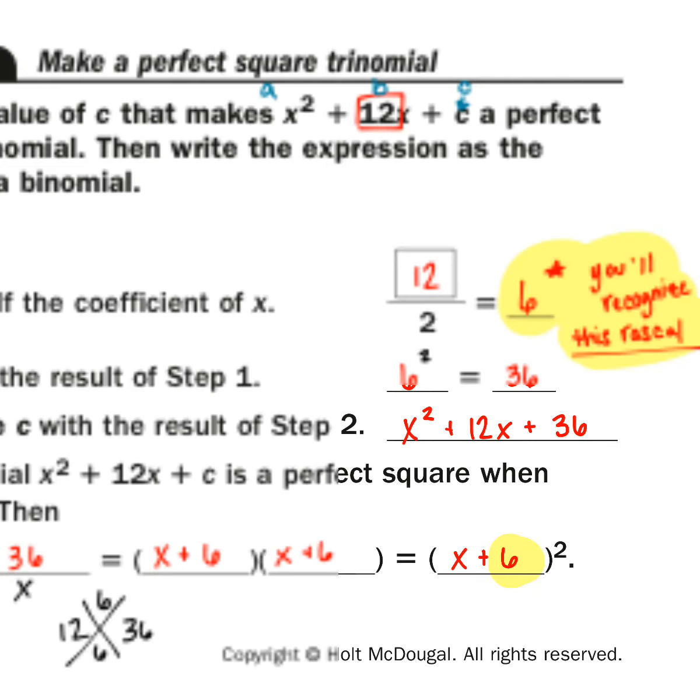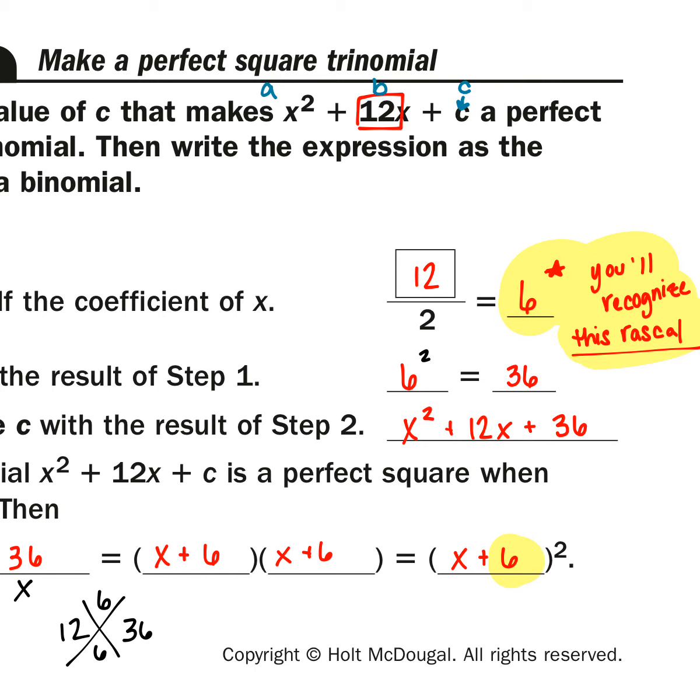So when we complete the square, that b over 2 number will always be the constant term in our perfect square binomial.